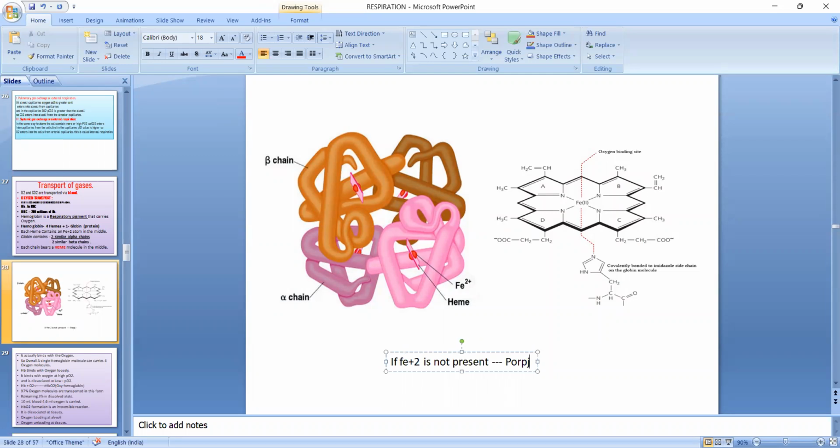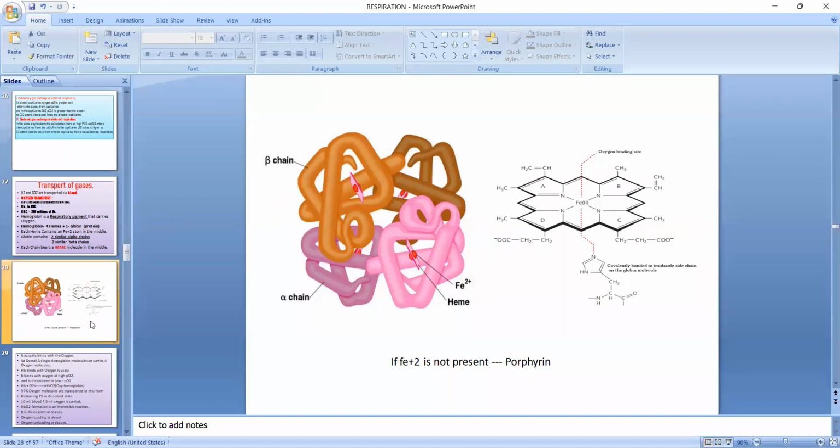It's a chemical organic compound made up of 4 pyrrole rings. Anyway, you don't need to remember this either. Just how many oxygens can a hemoglobin carry? That we should remember.